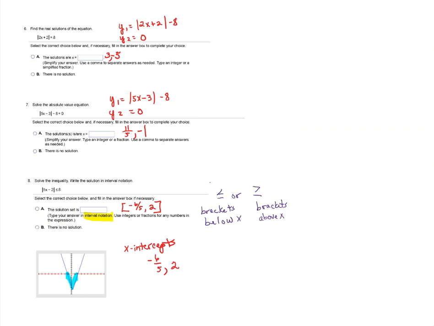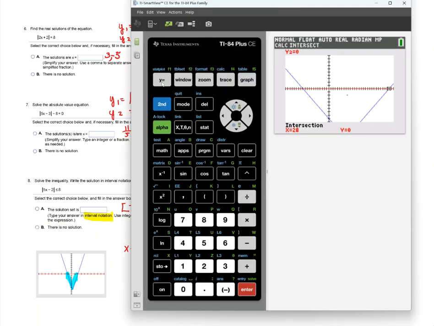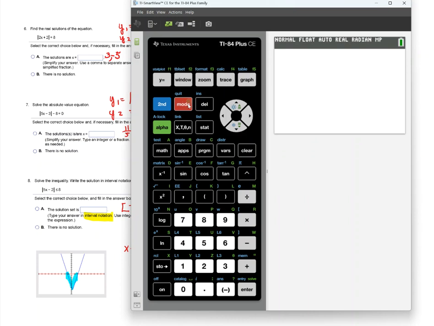Remember that on your calculator, say I had, let me just put something easy. I put 0.5 there. But I know that I'm supposed to have it in fraction.